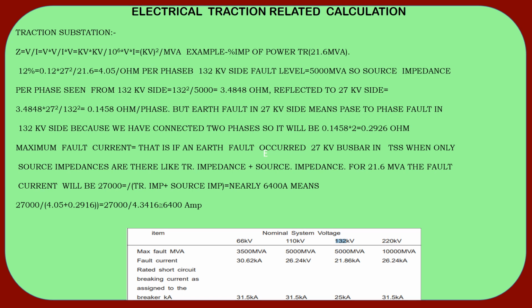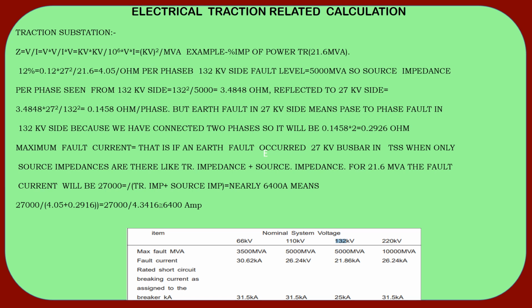You can easily find the transformer impedance and the source impedance. The source impedance is per phase, and there are two phases, so it will be multiplied by 2. But for the power transformer, it will be the total impedance of the power transformer.